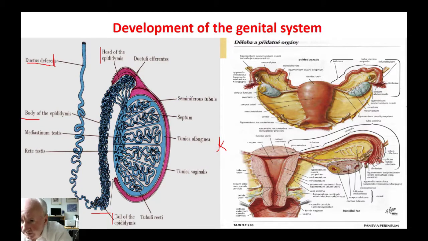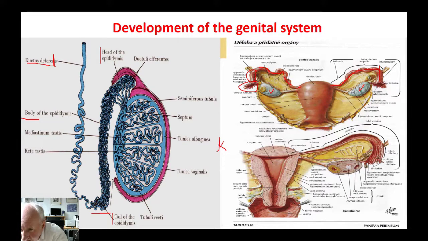So of course we have to speak about the ovaries. Ovary, left side, right side, ovaries. Then we also have the uterine tube, tuba uterina, left and right. You see the fimbriae, this is the ostium abdominale, this is the ampullary part of the uterine tube, this is the isthmus of the uterine tube, and this is the pars uterina in the wall of the uterus.